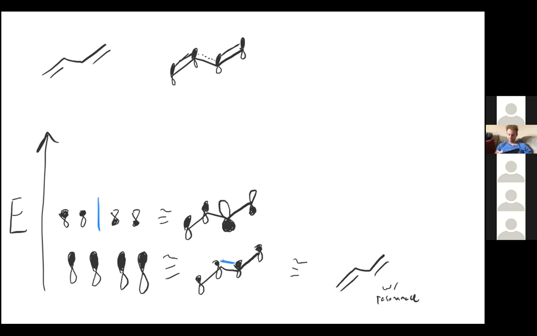Now we've got an empty orbital. So this is not going to have resonance, because those electrons have to make like a 180-degree turn in order to get into the orbital they want to be at, which isn't possible. So we still have 2 double bonds, they just now have no resonance.